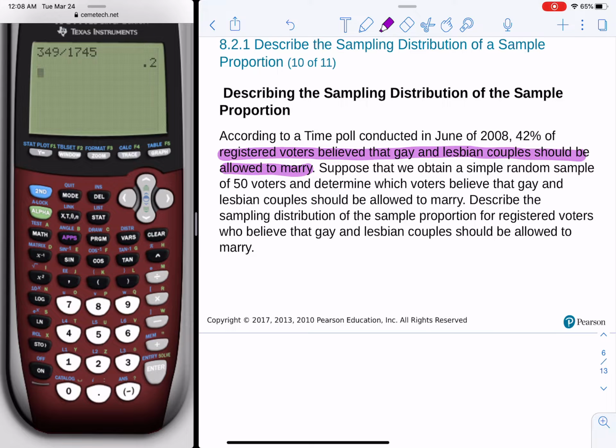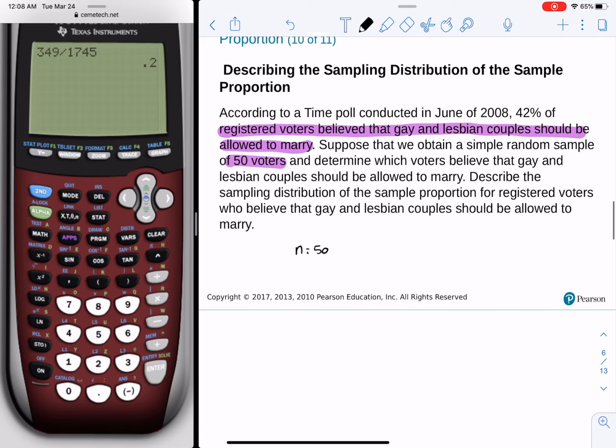So we get a sample of 50 voters. We can write it down: the sample size is 50, and we determine which voters believe that gay and lesbian couples should be allowed to marry.